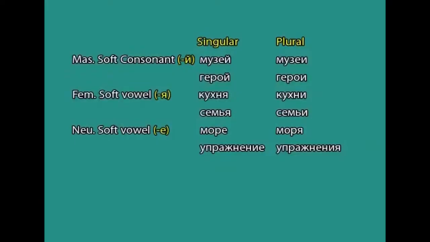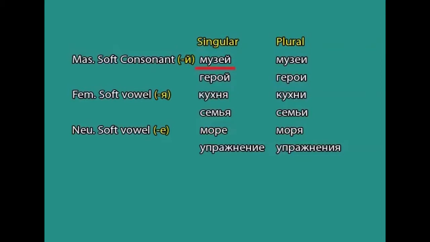So, we have learnt how to make plurals of the hard ending nouns. Let us move on to the nouns with soft endings. How do we form plurals of soft ending nouns? What are the soft ending nouns? Within the masculine gender nouns, if a noun ends with I kratkoye, which is a soft consonant, the noun is a masculine gender noun.